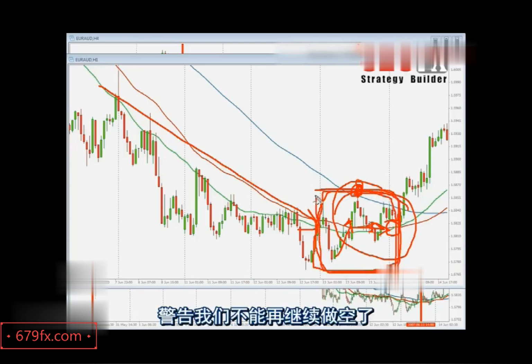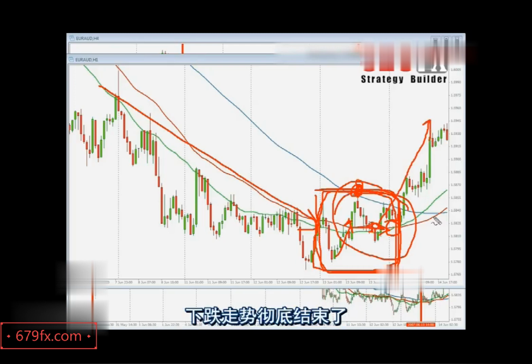for short opportunities anymore. And in fact, bang! Have a look at what happens. Just the next day over, price shoots above. The trend comes to an end, and the moving averages begin to point up.